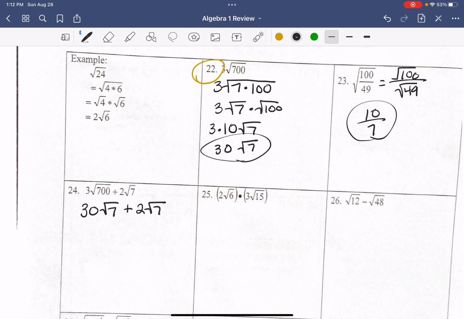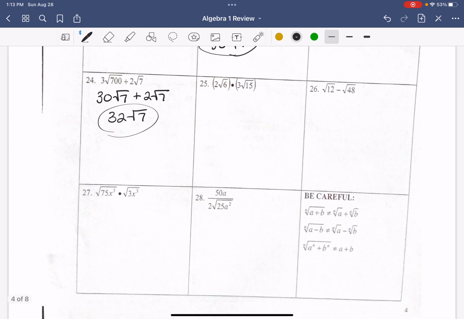The square root of 7 in this case has a property almost like a variable where it makes these like terms. So this turns into 32 square root of 7, because we had 30 square roots of 7, and then we added 2 square roots of 7 to it, and so we have 32 of them total.